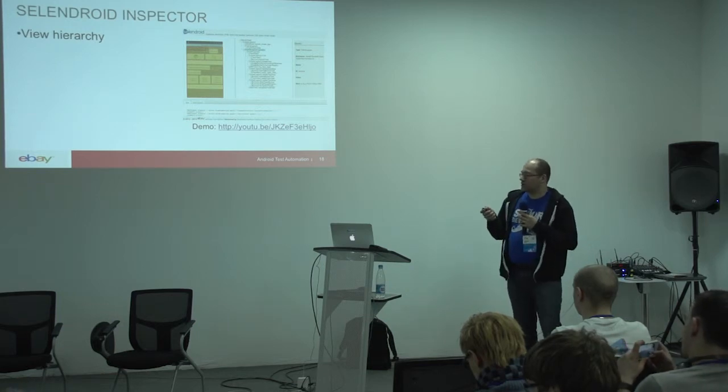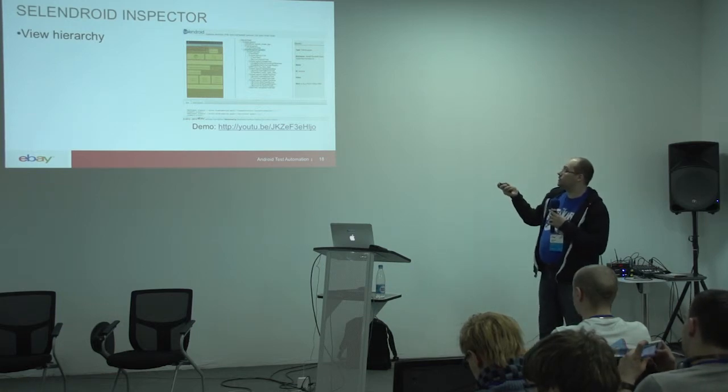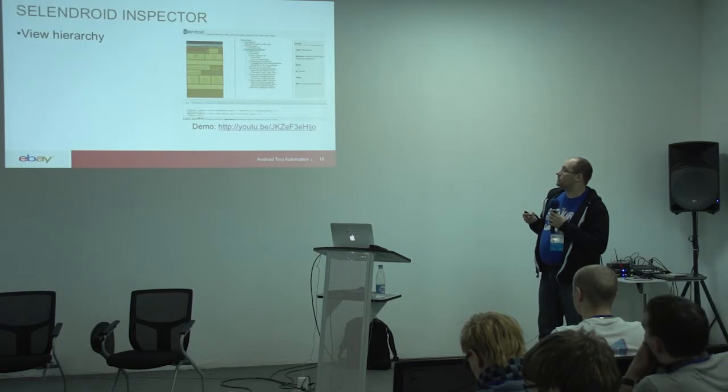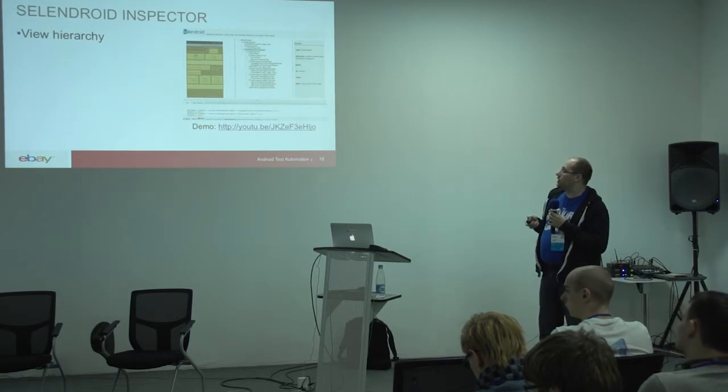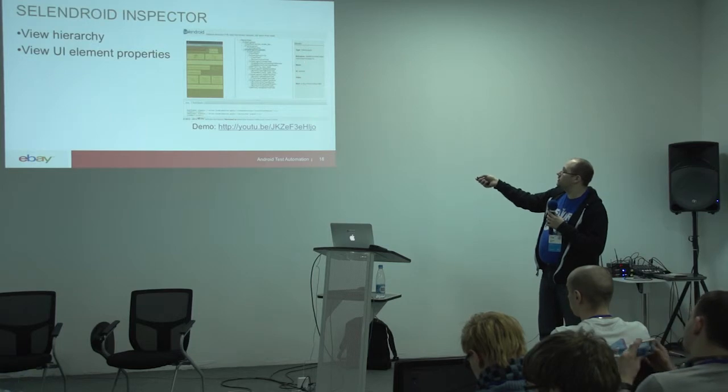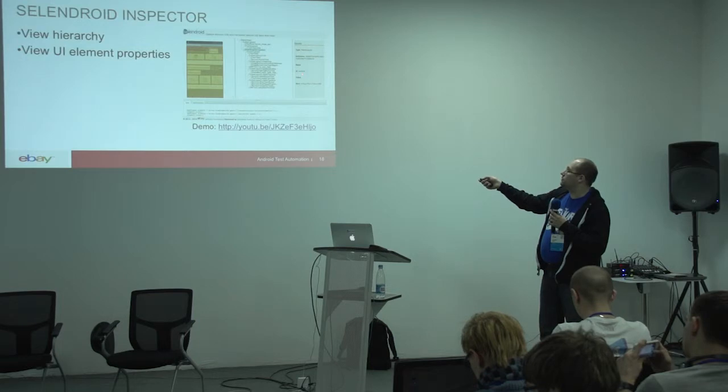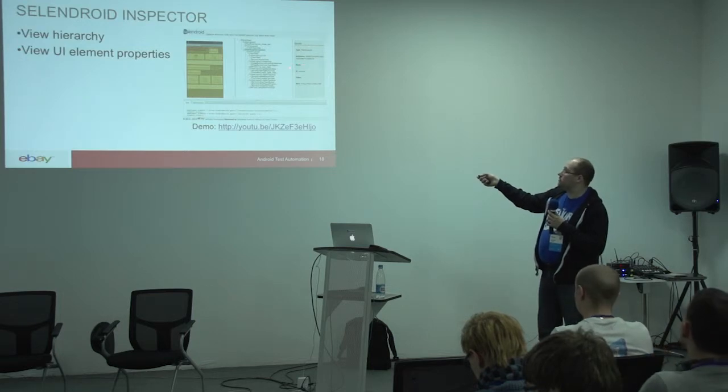So you see here on the right-hand side, it's a tool. It's built into the framework, and you can see there's a screenshot of the app, and in the middle the UI element tree. You can also see on the right-hand side the properties of the selected element. So you see the ID, for example, the name, which is in the end the content description, and also the value.